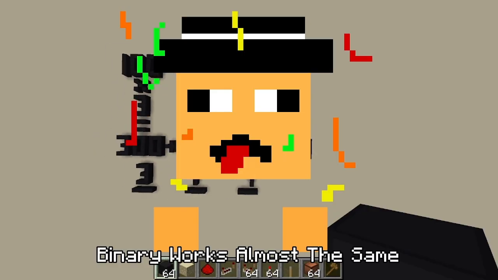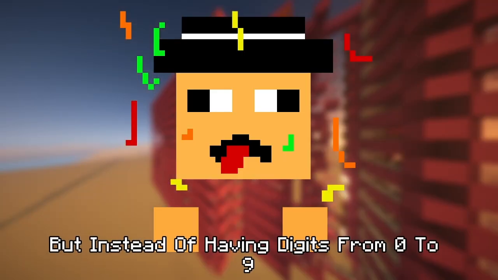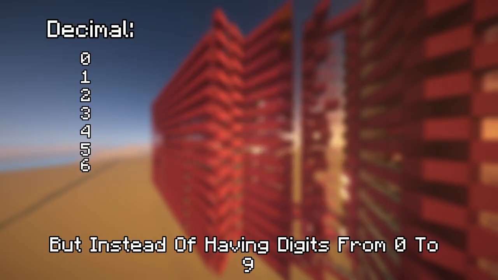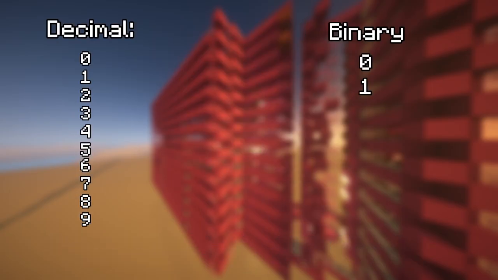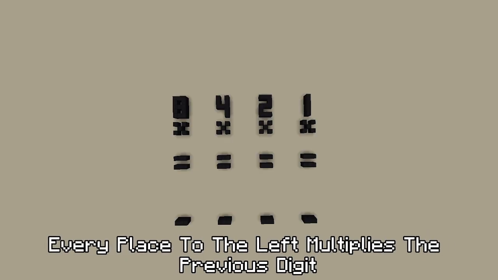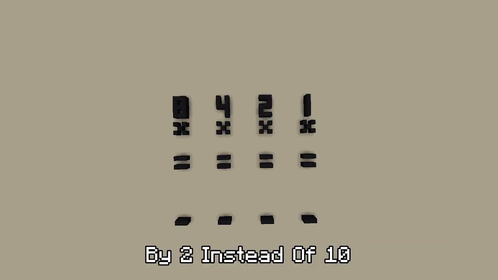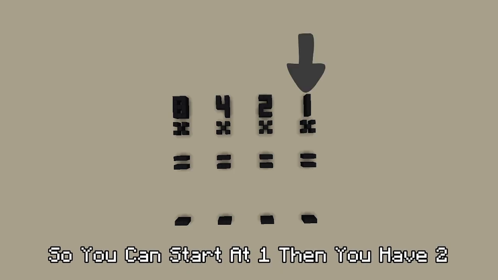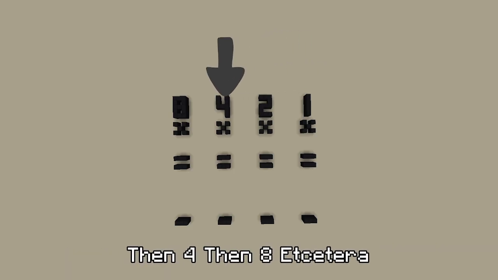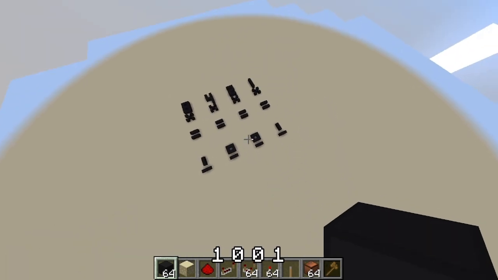Binary works almost the same, but instead of having digits from 0 to 9, binary only has the digits 0 and 1. So every place to the left multiplies the previous digit by 2 instead of 10. So you can start at 1. Then you have 2, then 4, then 8, etc. Here we have 1 0 0 1.